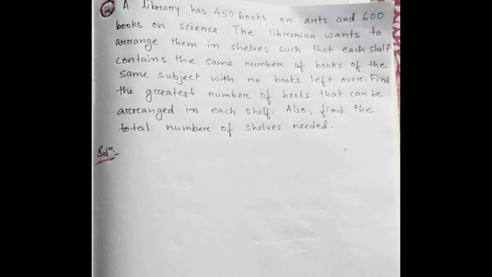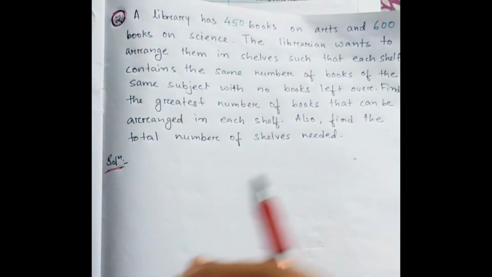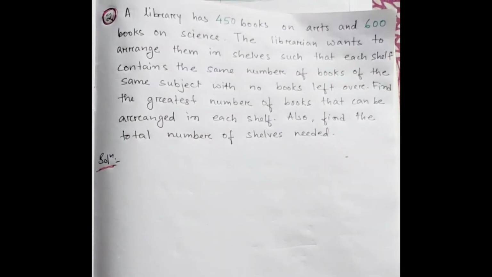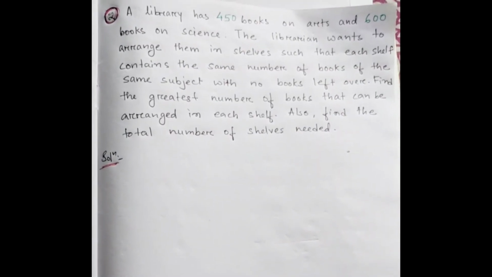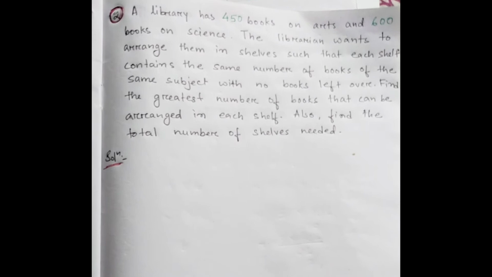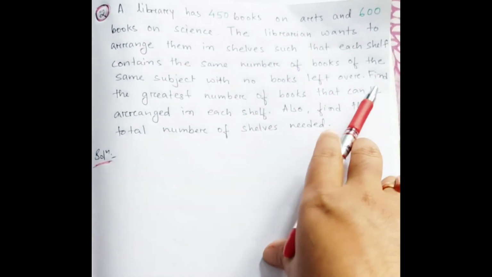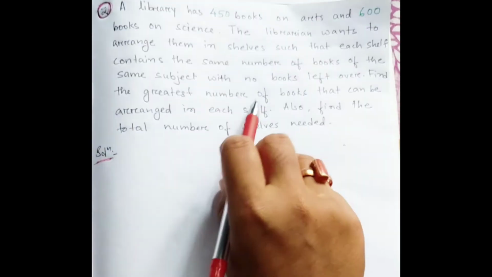So what you will have to do here is find a common factor. When you find a common factor, you can find out how many books can be arranged in each shelf. As you can see, your question is to find the greatest number of books.